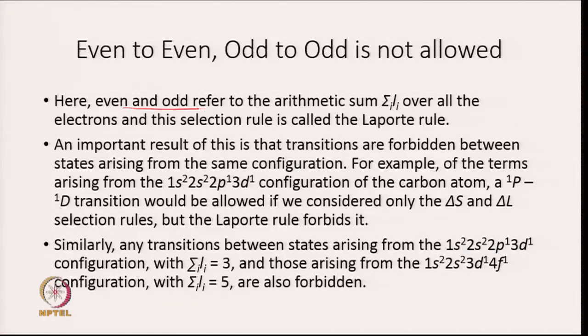Even and odd refers to the arithmetic sum of sigma l_i over all the electrons, and this selection rule is called the Laporte rule. So, we need to calculate sigma l_i, and if it comes out to be odd, then you say this is an odd system, and if it comes out to be even, then you are dealing with an even system.